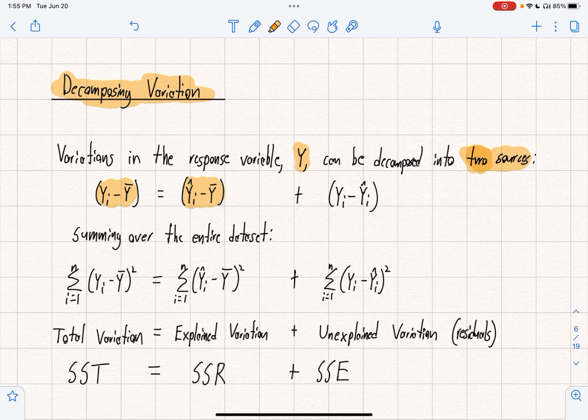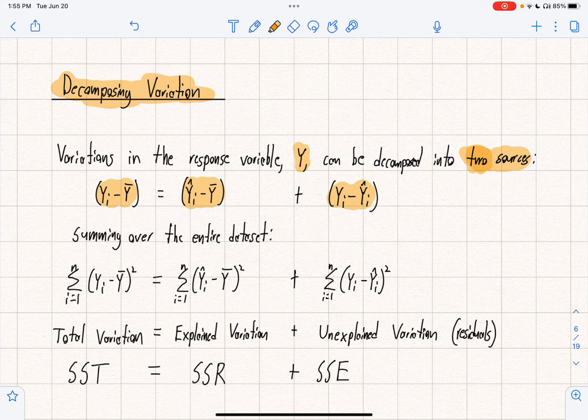And the other part of the variation is the actual value of y minus the predicted value of y. So we have this total variation in y, and we're breaking it into two parts: from predicted to the average, and from our actual to our predicted.